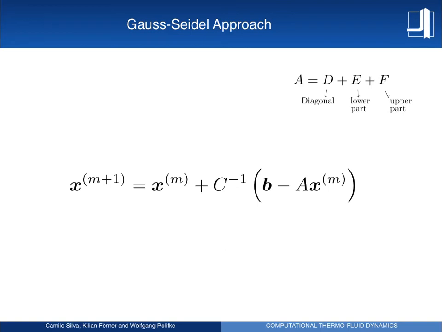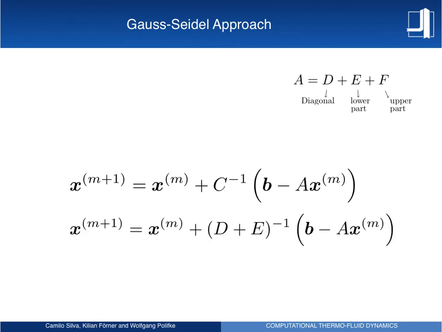Now, what happens when we want to use the Gauss-Seidel iteration instead? Then this is what we obtain. Computing this is not straightforward, so you cannot do 1 over d plus e. That is wrong, because this is not a diagonal matrix anymore.